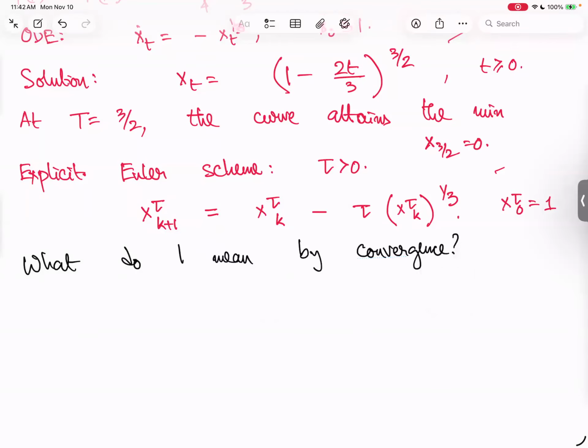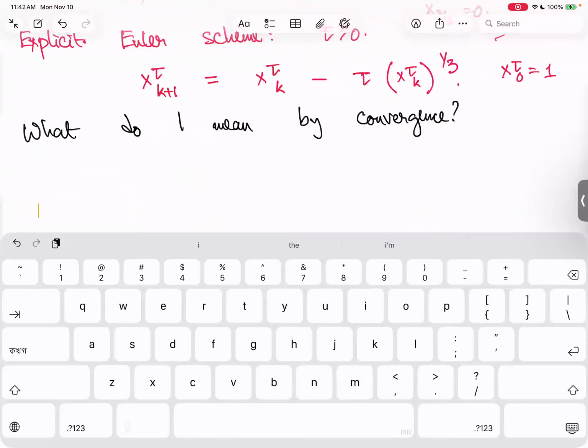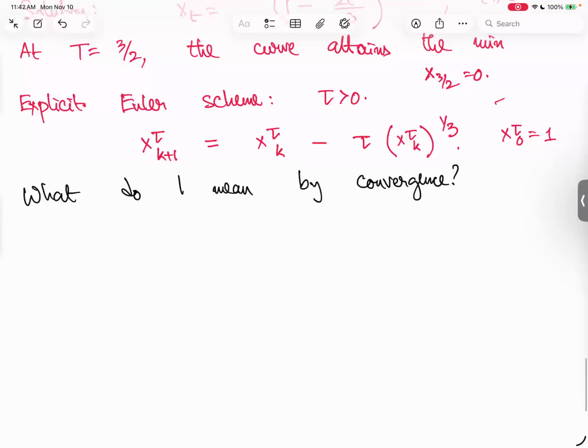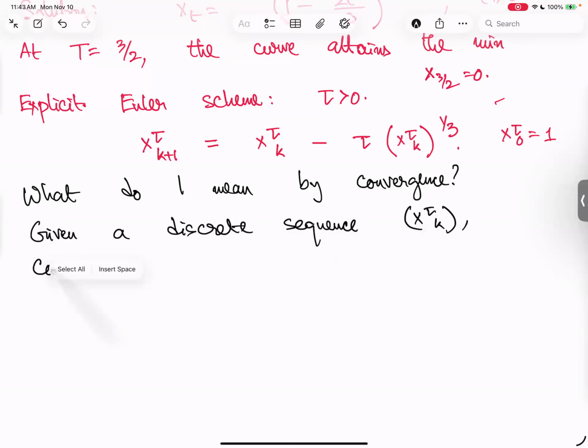So the way that typically this convergence will work is that, given a discretization scheme, given a discrete sequence x_{tau,k}, make it continuous.